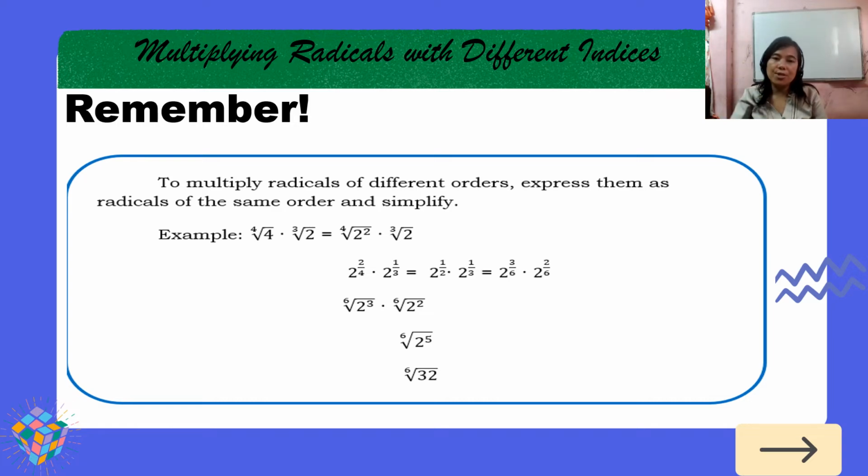So, paano gawin yun? Balik ka sa rational exponents. Transform ka muna to rational exponents and then make a way na magkapareho sila ng denominators para equal indices yung magiging result pagbalik mo ng radicals. Okay? Paano gawin yan? Here are some examples.